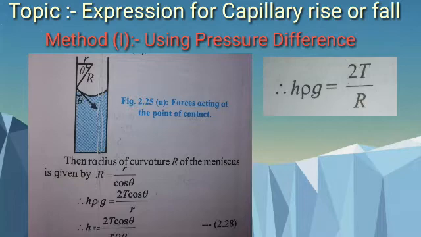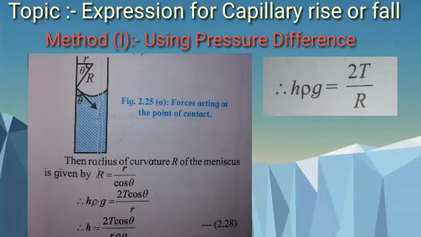Now we can put the value of capital R in the above equation of pressure, h rho g is equal to 2T by capital R. Instead of capital R, we put the value of the radius of curvature, R is equal to small r by cos theta. The equation becomes h rho g is equal to 2T cos theta by r.